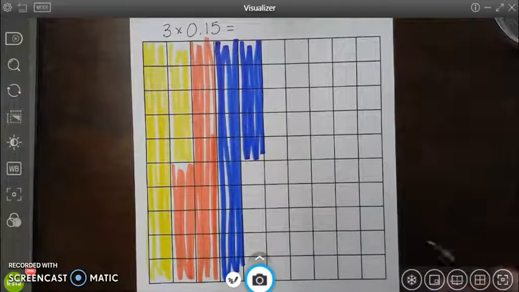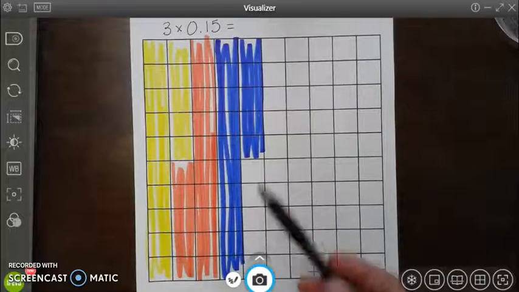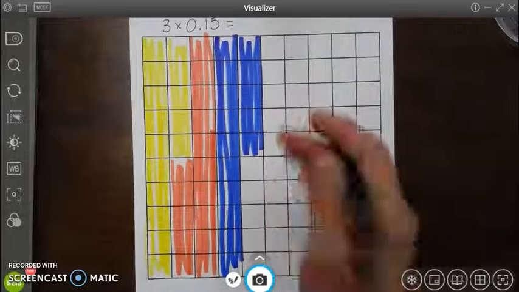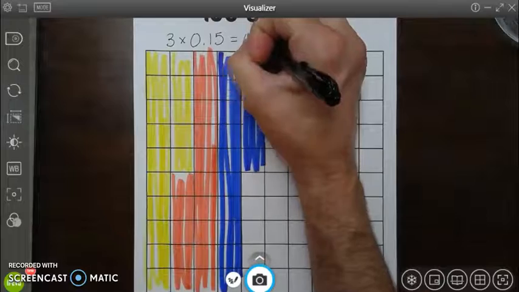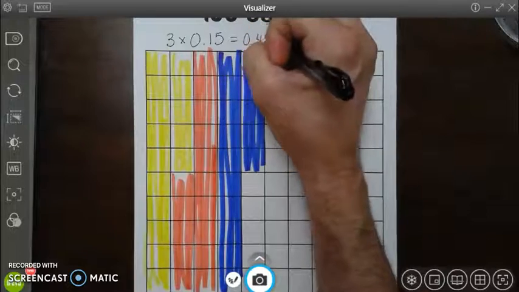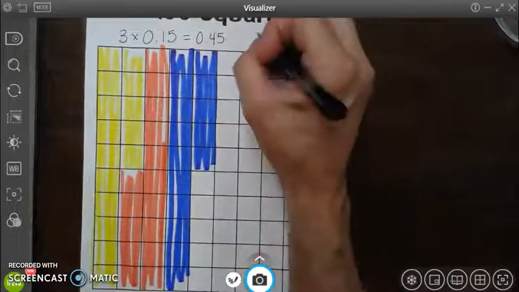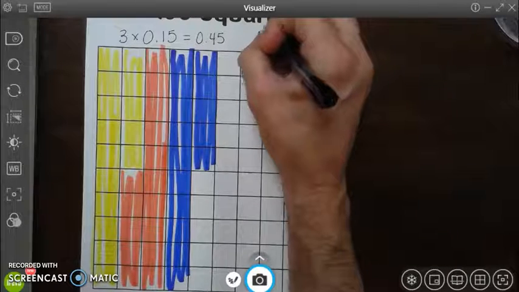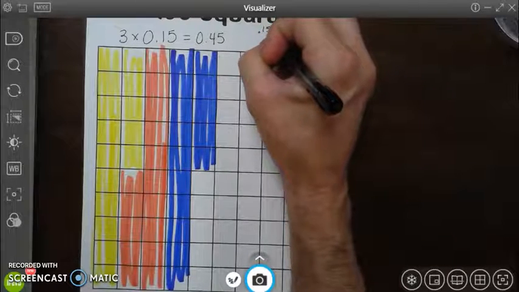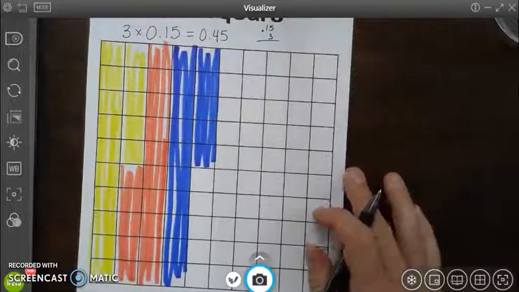And now I can see graphically that I have 1, 2, 3, 4 groups of 10 and 5 more, so it must be 45 hundredths filled in.